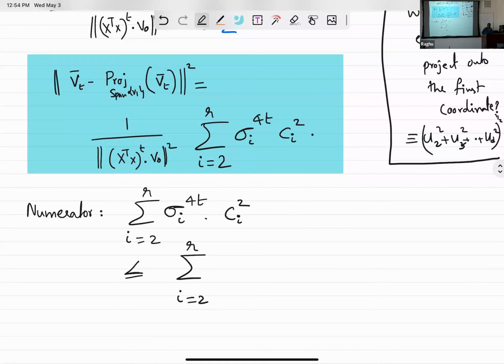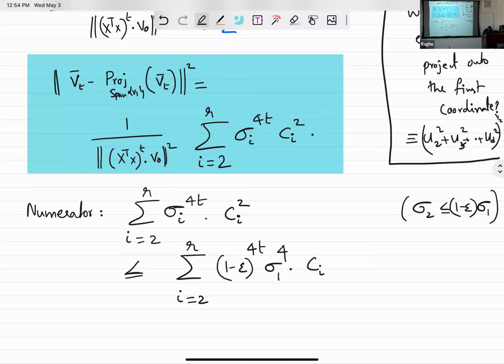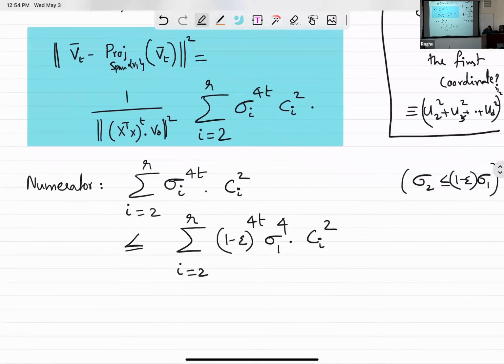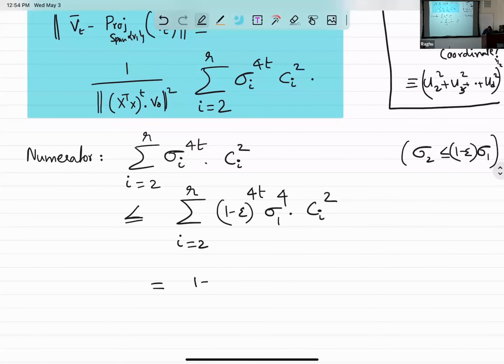Right? So we're working under the assumption that sigma 2 is bounded away from sigma 1. There's a gap between the first and second singular value. So that is one starting point to try. So I'll say, okay. Good. I mean, some progress, getting simpler.